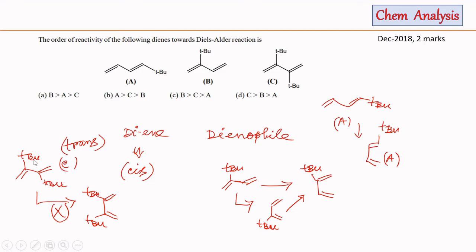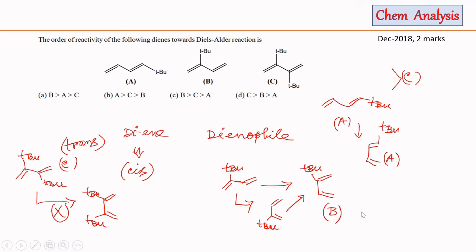So in the Diels-Alder reaction, this C diene will be least reactive. So C will be least reactive, and between A and B, this is B.